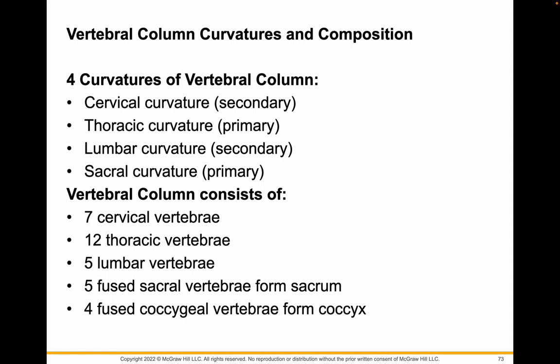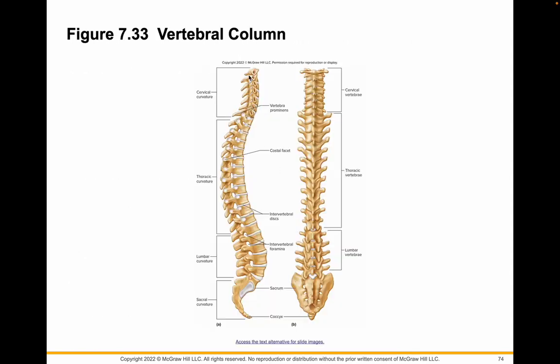So there are 7 cervical and 12 thoracic, 5 lumbar, and then 5 sacral vertebrae that are fused together to form the sacrum, and then coccygeal vertebrae that are fused to make your coccyx, your tailbone. So this is that secondary curvature and the other secondary curvature, and this is a primary curvature that curves out, and this is a primary curvature that curves out. So that's what I was talking about.